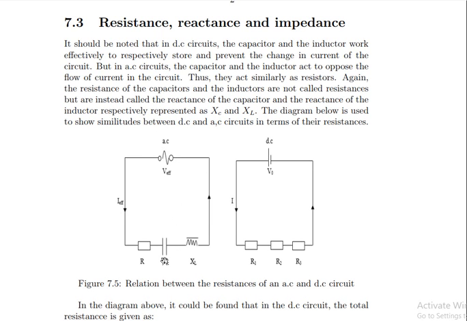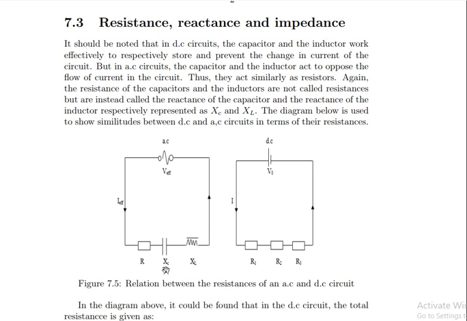In DC, capacitors act to store charges with electrical energy, while inductors act to oppose the rate of change of current. But in AC, both capacitors and inductors act to resist the current flow, and the resistance they have is not going to be called resistance, but it is going to be called the reactance of the capacitor and the reactance of the inductor.